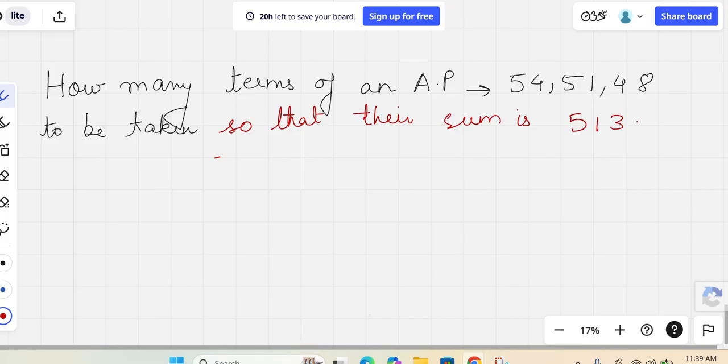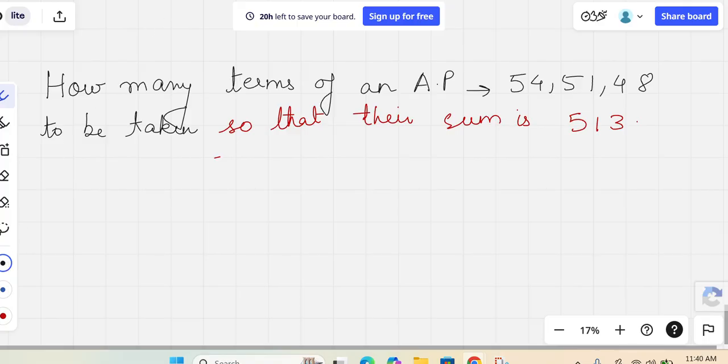Would you be able to do it? How many terms of an AP should be taken so that their sum is 513?